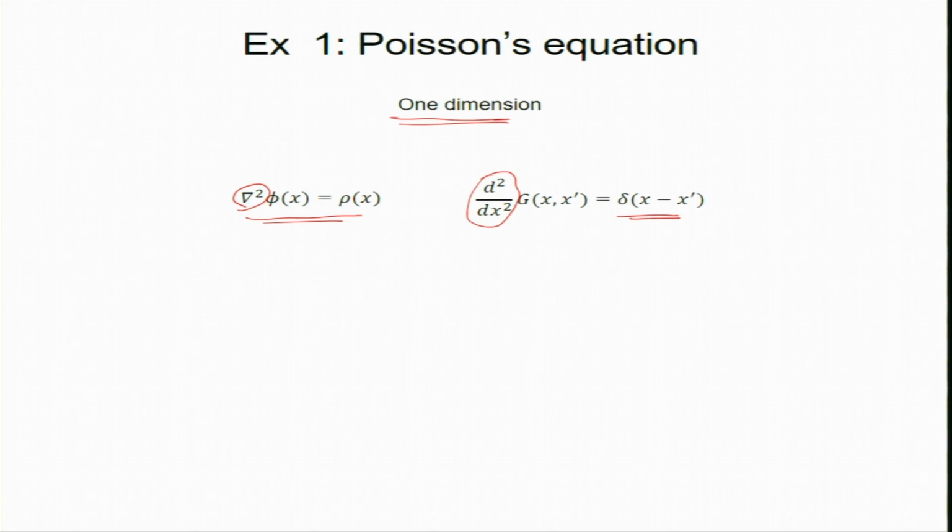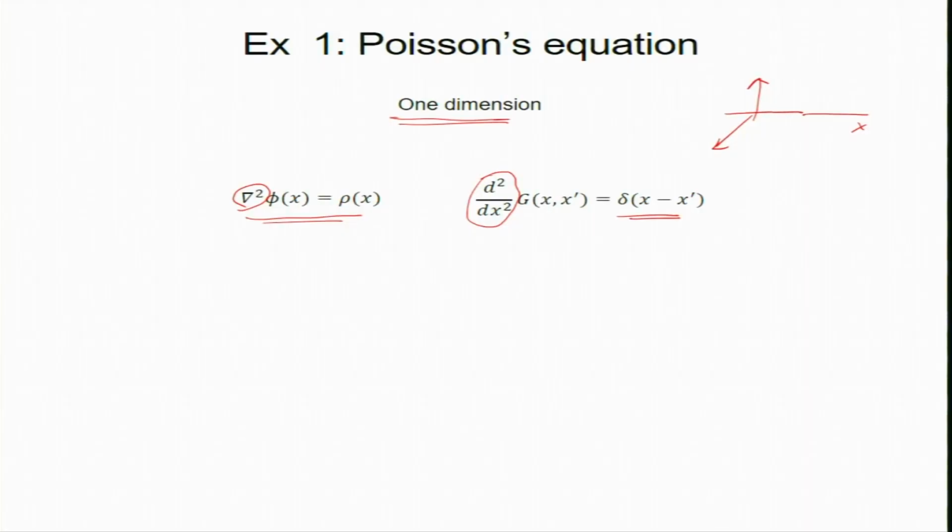My source is a charged plate. What is meant by one dimension? This is the x axis, and things do not change with y and z. So, assume that an infinite plate is kept at x prime and compute the potential for x greater than x prime and x less than x prime. That is 1D.